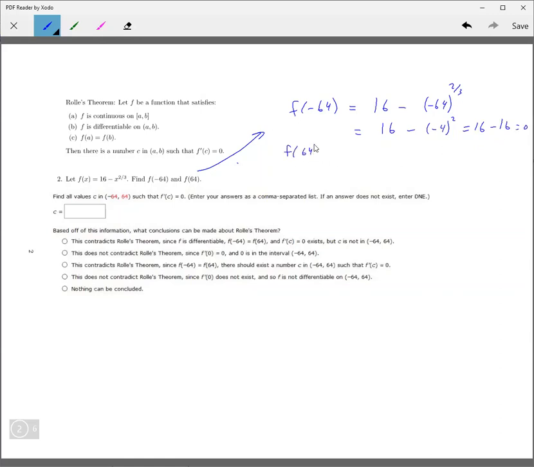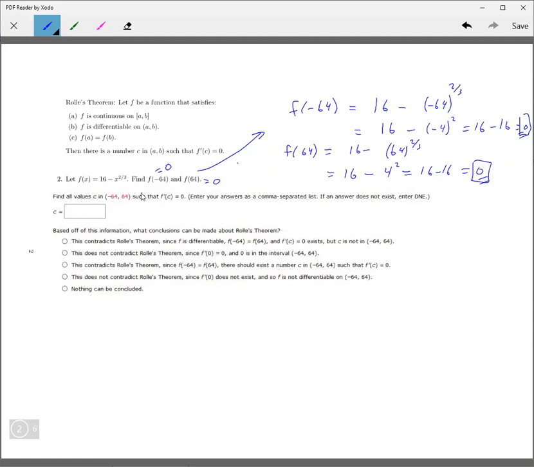F of 64 is 16 minus 64 to the 2/3. You take the cube root first, that's 4 squared, so that's 16 minus 16, which is also 0. So they're both 0. That's the first 2 parts.